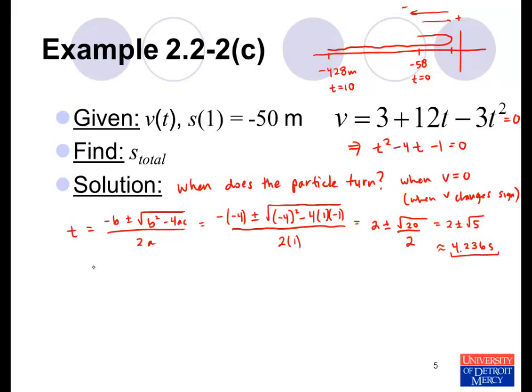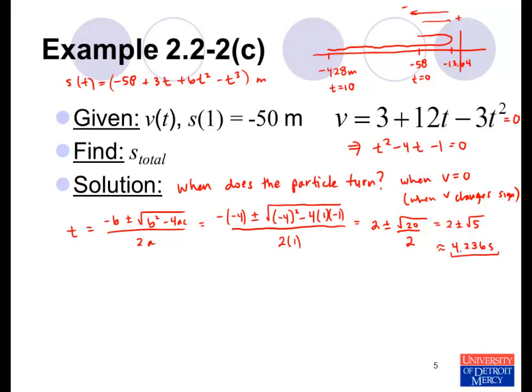Just as a reminder, we had found that s is minus 58 plus 3t plus 6t squared minus t cubed, all in units of meters. In essence, we take this time, plug it into our expression for position, and we get that the position at that time is negative 13.64 at the turn.